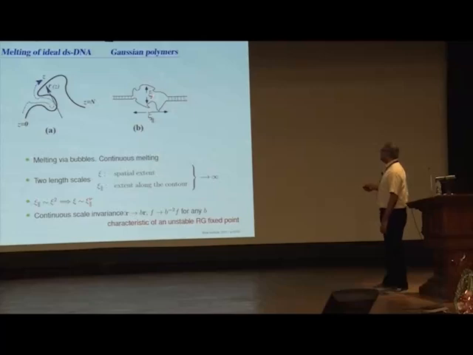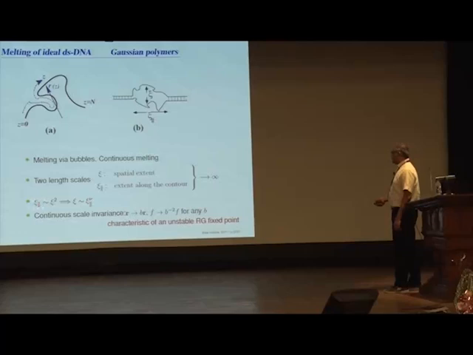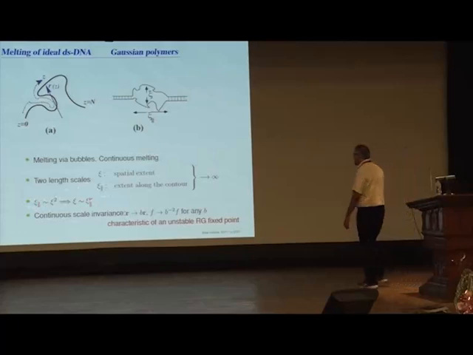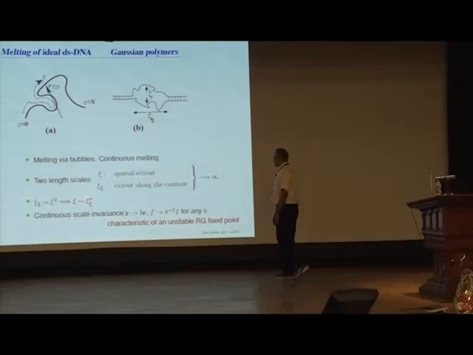If we assume that there are no other interactions except this hydrogen bond interaction, then there are no hydrogen bonds here. So it would be like a Gaussian polymer, random walk, and therefore the relation between Xi parallel and Xi would be like Xi squared. But in general, it would be Xi going like Xi parallel to the power nu, and nu will be half.